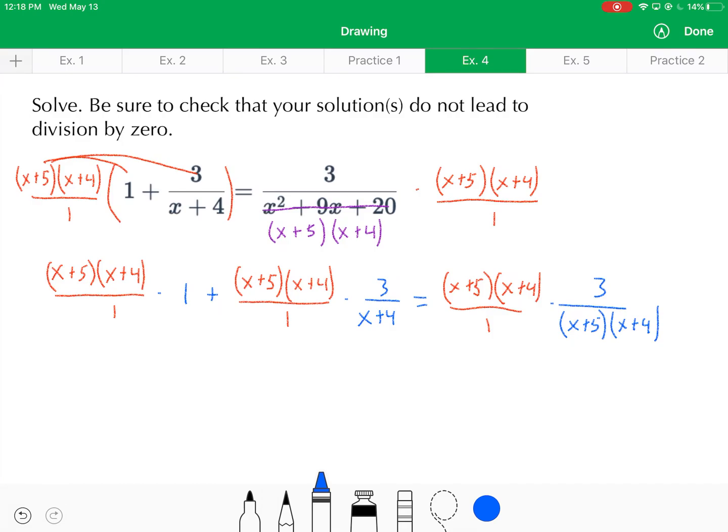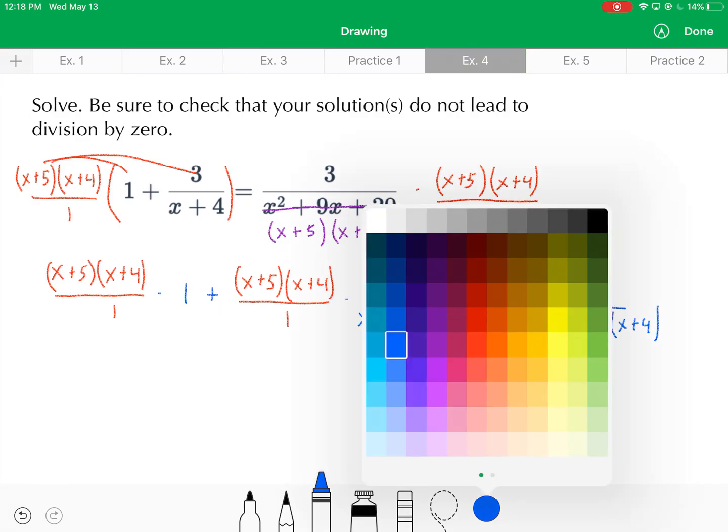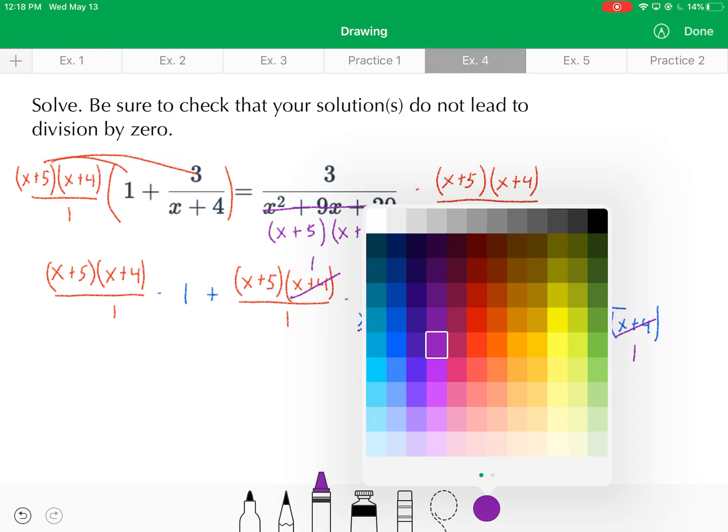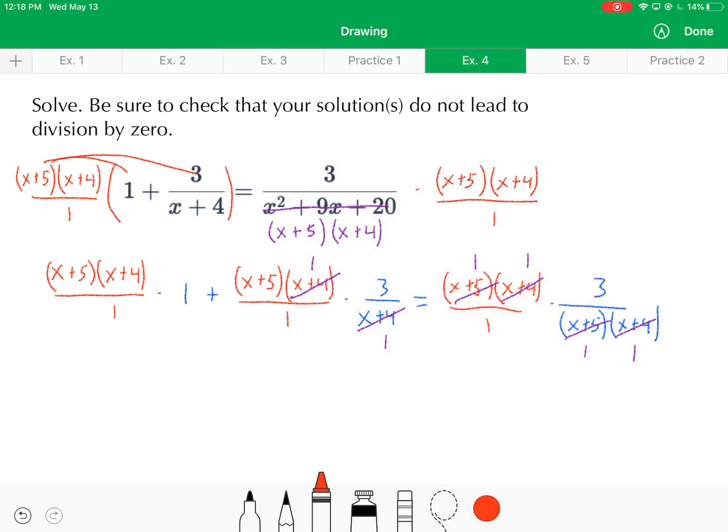Okay, so now we reduce what we can. Those will become 1s. Those will become 1s. And those will become 1s. So what we're left with here is (x plus 5)(x plus 4), because that times 1 is still (x plus 5)(x plus 4).